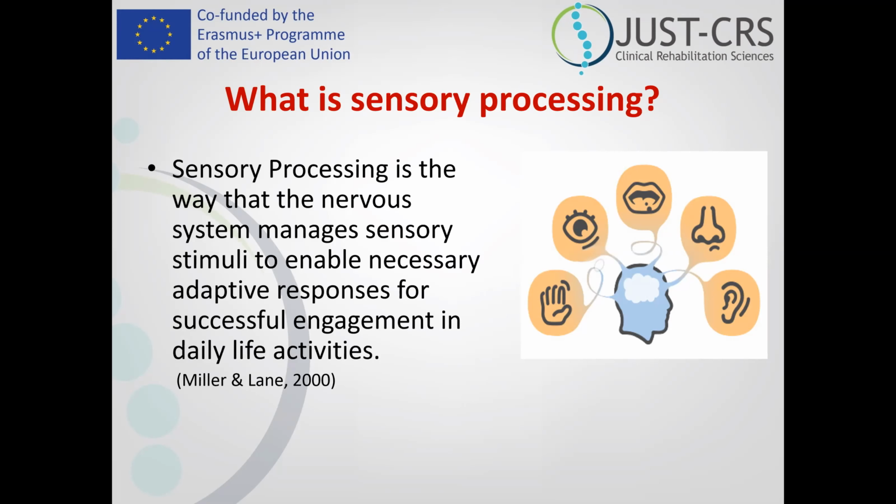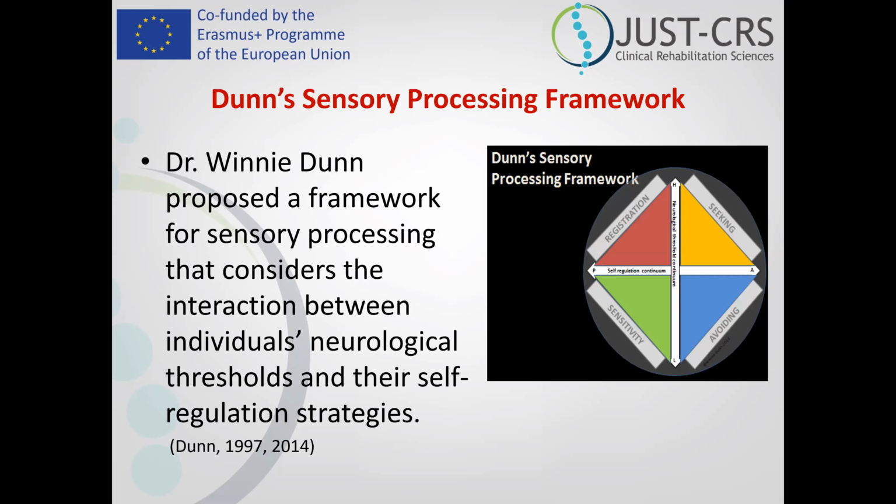People are different in their ways of sensory processing. Some people show more active ways, and some people show more passive ways, depending on how they process sensory information. And that will apply to Dunn's sensory processing framework.